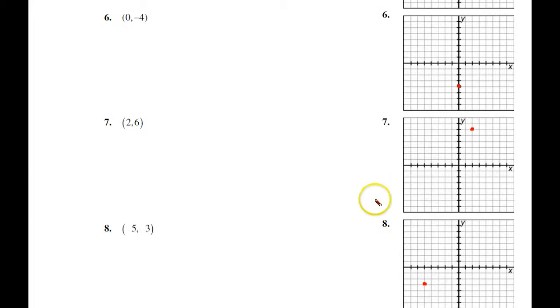Now, something we mentioned in the lecture that we should probably review. Remember, there are 4 quadrants. The y-axis is the vertical, the horizontal is the x-axis, and this is considered the first quadrant, the second quadrant, the third quadrant, and the fourth quadrant.